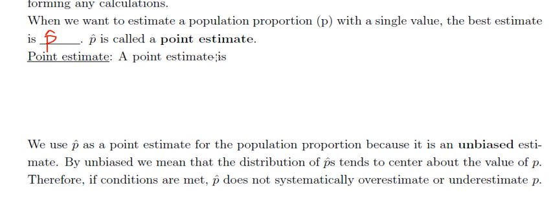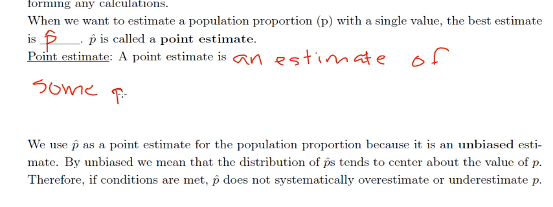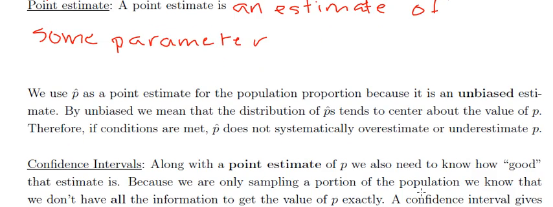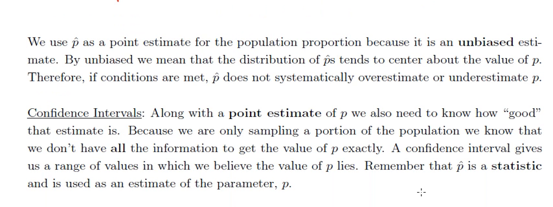And what we mean by a point estimate is an estimate of some parameter. Parameter means it's from the population. So we take a sample as usual, and our sample is an estimate of some parameter, so it's called a point estimate. P hat happens to be an unbiased estimate. That means it doesn't systematically over or underestimate the parameter.